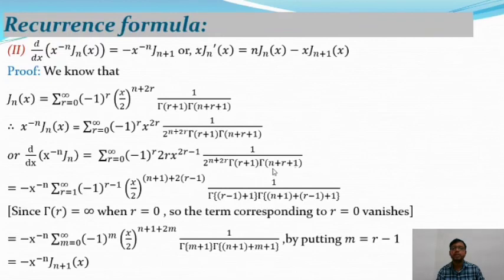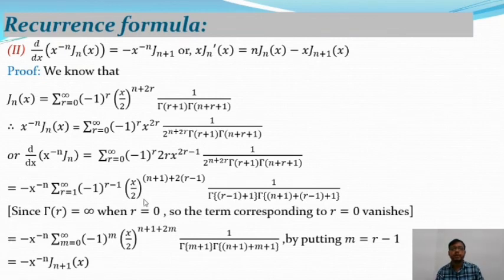Okay, so this function is reduced to this one, that is the gamma function. This can be written as this, and you know gamma of r is equal to infinity when r is equal to 0. So the term corresponding to r equal to 0 vanishes, that means 1 by infinity is equal to 0 when we put r equal to 0.